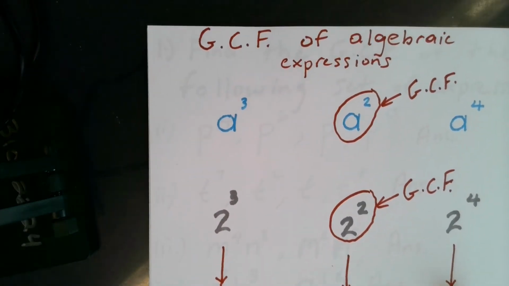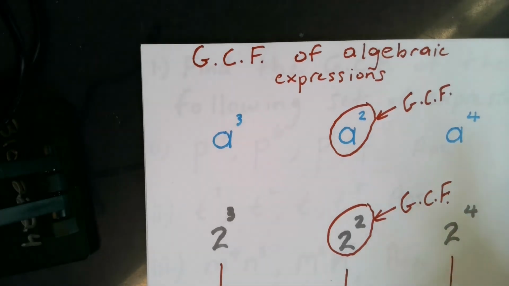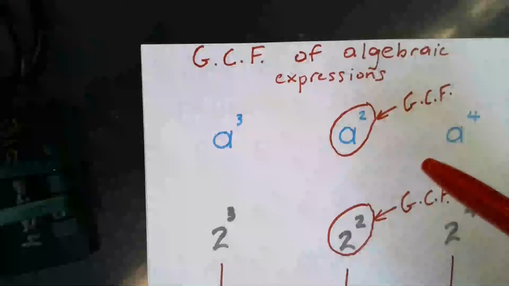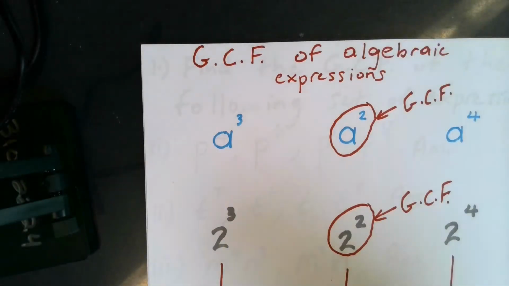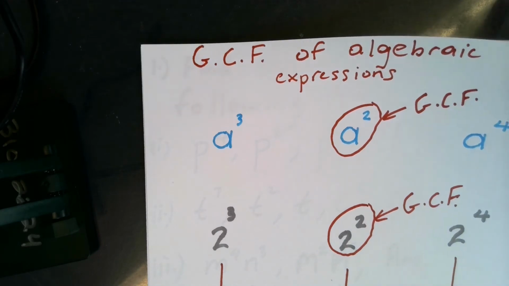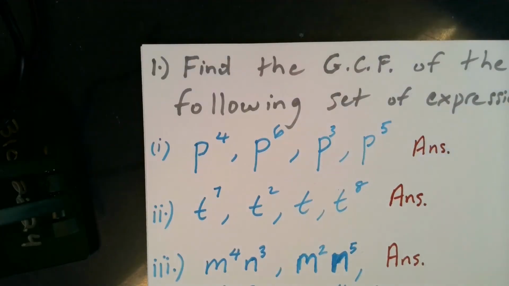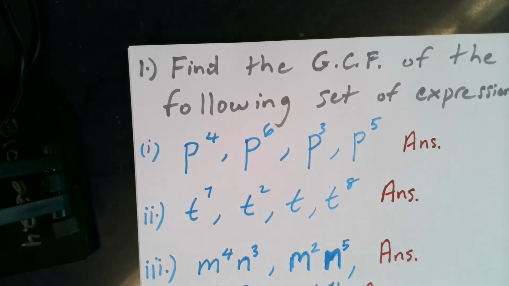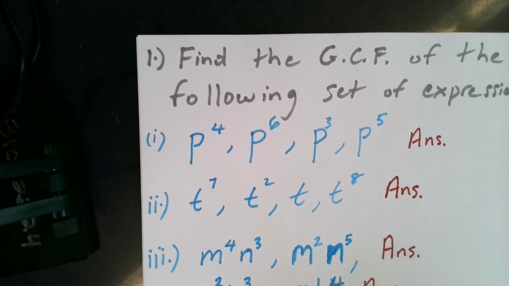Now, if you don't understand what I just said, don't worry about it. You need to pay attention to what I'll be doing now. All right? So here we have some examples. It says here, find the greatest common factor of the following set of expressions.